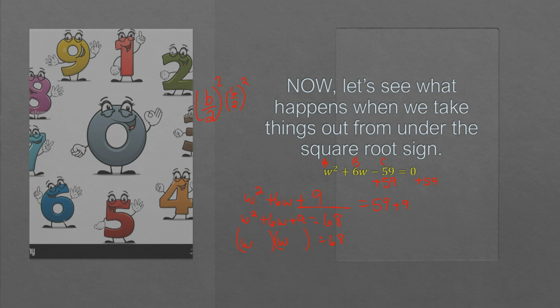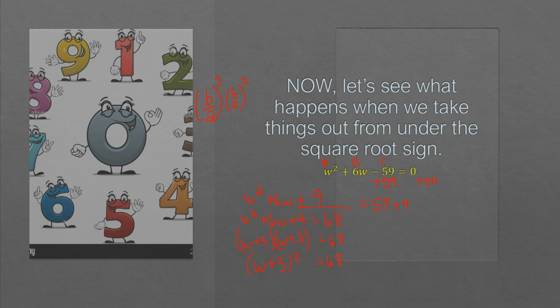I am going to use the factors of 9 that add to give me a 6, obviously those 3's. When I see something that is multiplied to itself, it is doubled. So then I am going to rewrite this as w plus 3 squared equals 68.